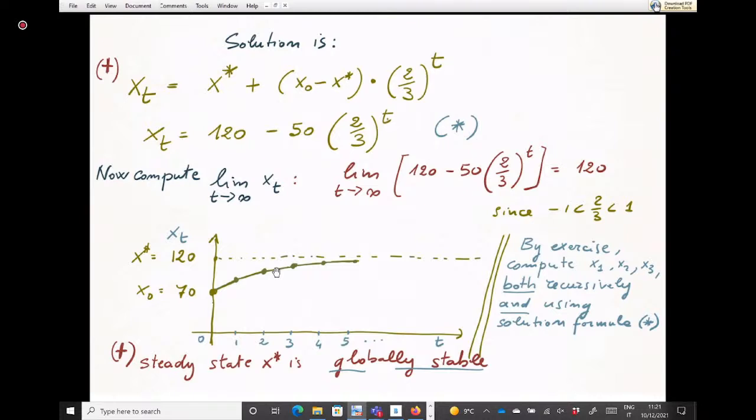But qualitatively correct means that you have to represent the steady state. It must be clear whether the initial condition is below or above the steady state. And it must be clear whether the behavior converges to the steady state or moves away from the steady state. So this means qualitative representation of the solution.